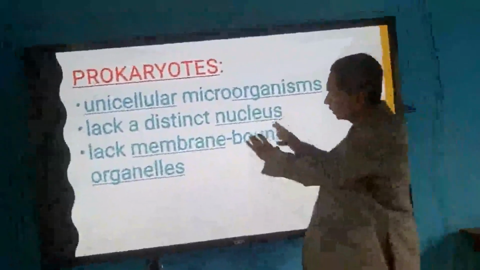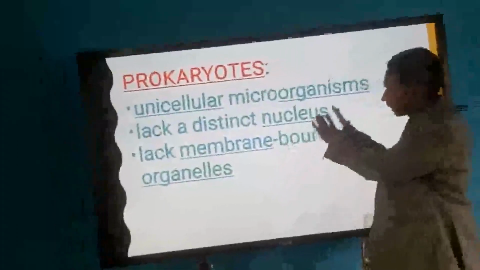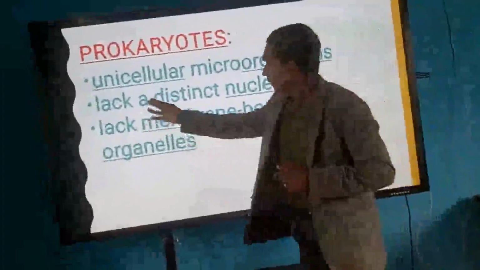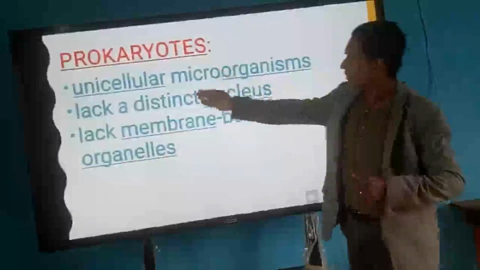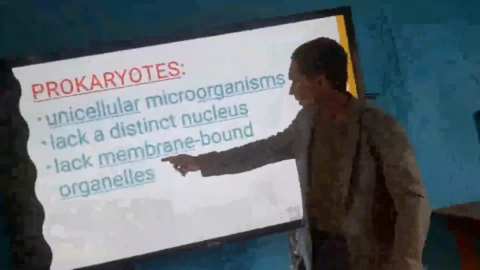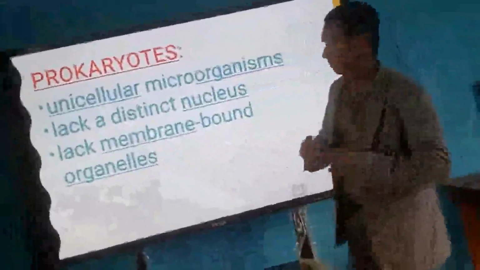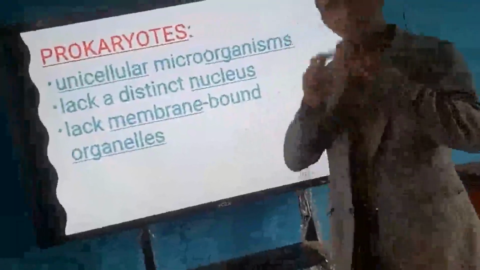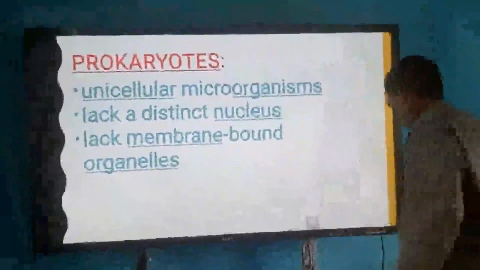So these are the basic characteristics of prokaryotic cells. They don't have a distinct nucleus, and they don't have membrane-bound organelles. That means they have a very primitive cellular structure.